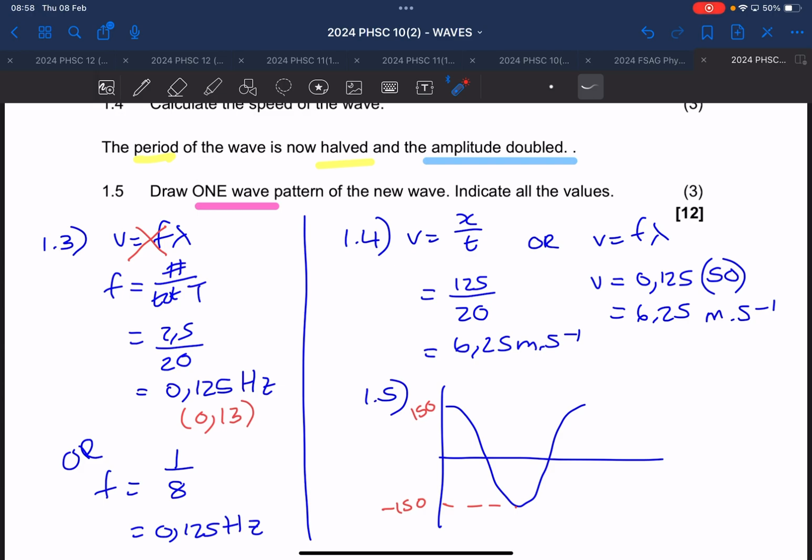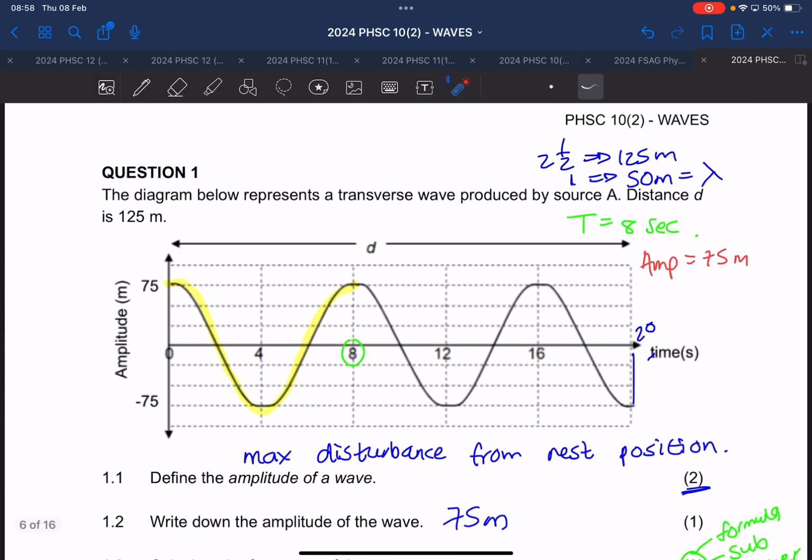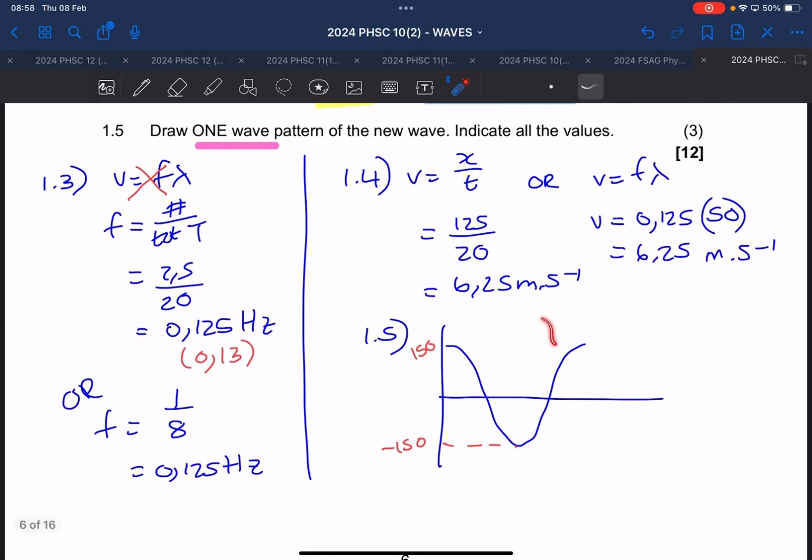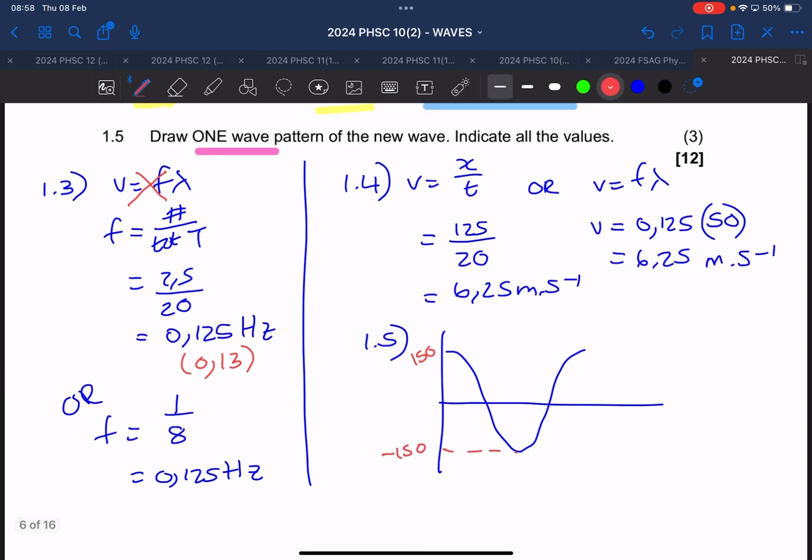Okay, the time taken for one complete wave. So for one complete wave, it was 8 seconds. What is it going to be here? 4 seconds. 4. And that's your 3rd mark. Sharp? Okay.